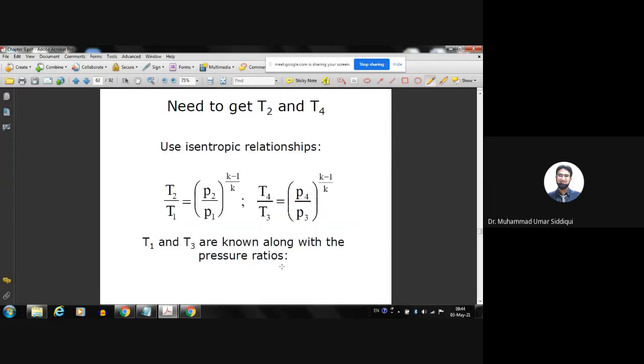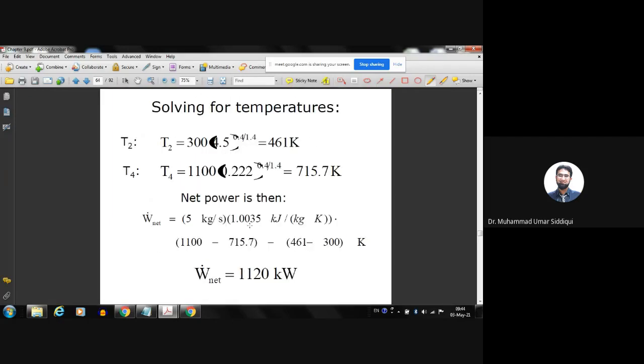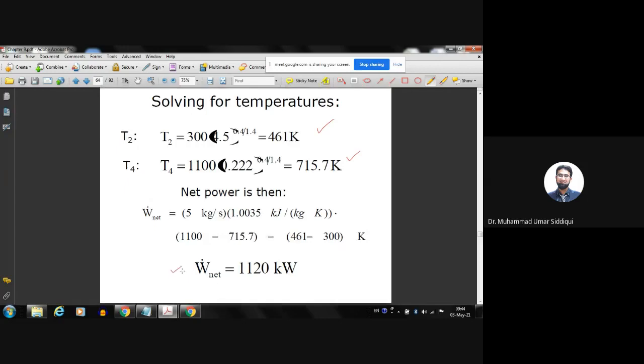Anyway, for the isentropic relationships between temperatures and pressures, we can determine T2 and T4. Then we substitute the values of temperatures in the formula and get the net work.